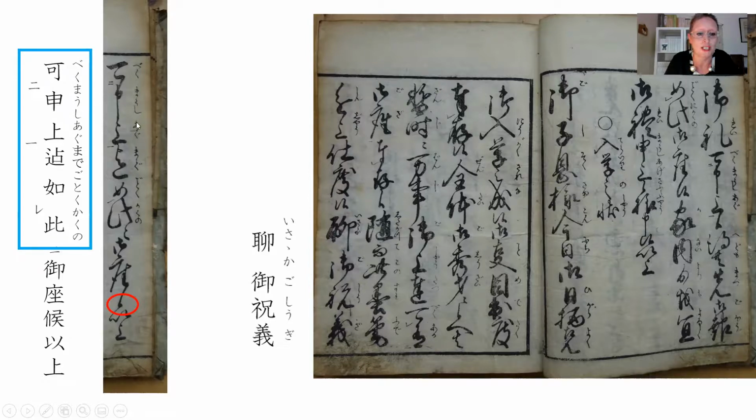So moshi agu. Agu is a shimo nidan verb. Shushike is gu. So moshi agu. And then beku made. Made. And then again, we have a reten. In this case, it is just the wood block that is cracked, probably where the left bit of re is.